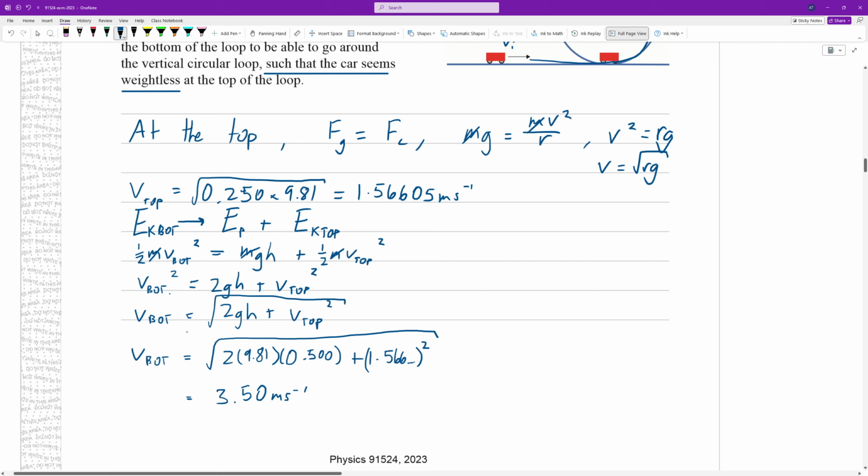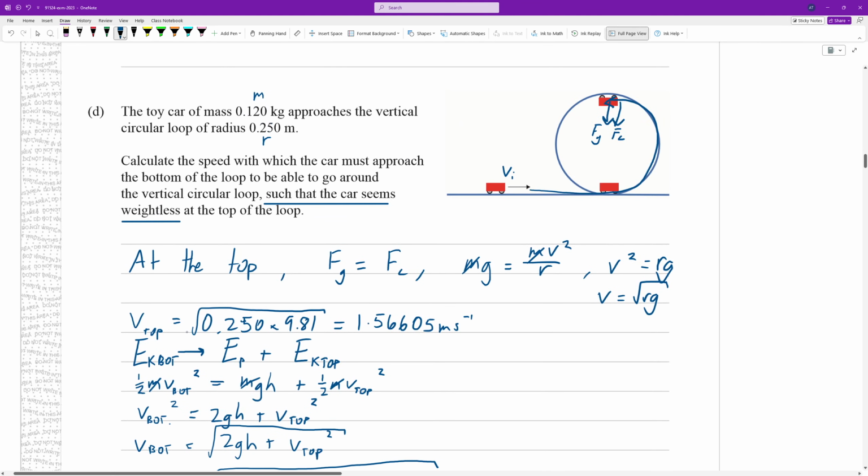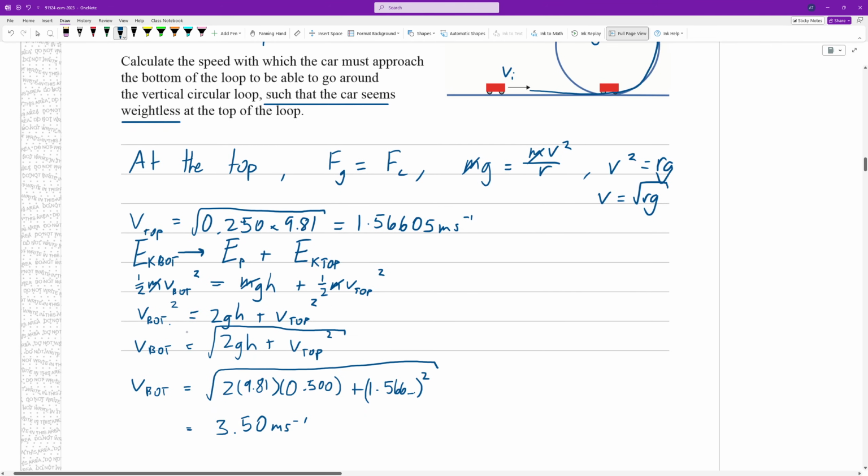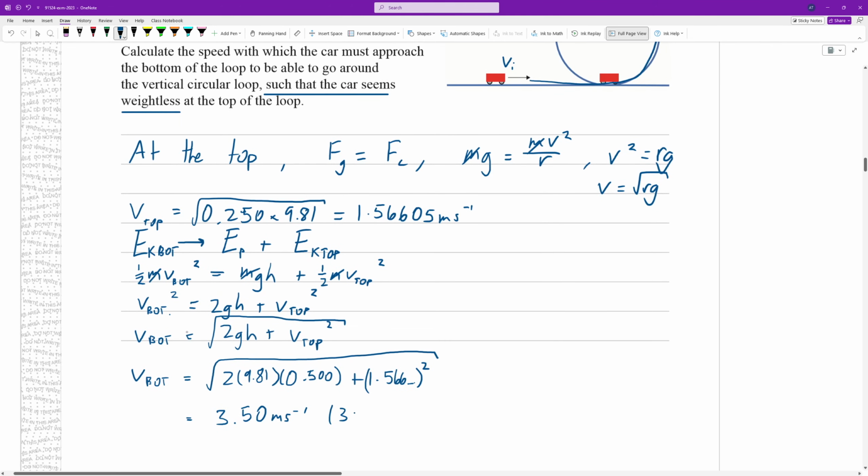And let's think, is that rounded appropriately? So everything that was 3 sig fig, 3 sig fig, yeah, so rounded to 3 SF. Looks good to me. And that is an excellence question.